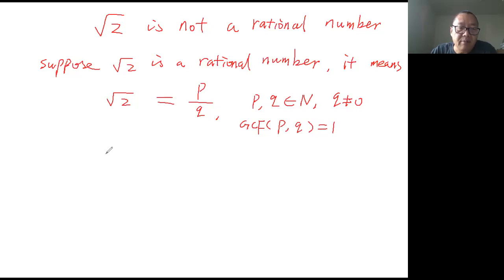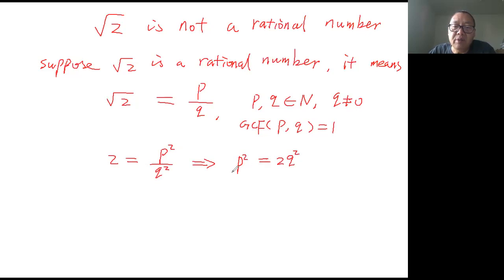Now let's square both sides. You get 2 equals P squared over Q squared. So we can write P squared equals 2 times Q squared.